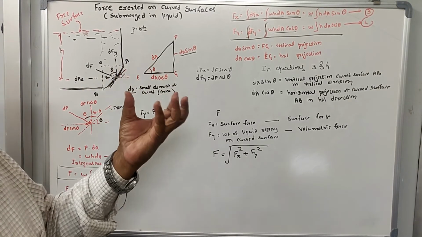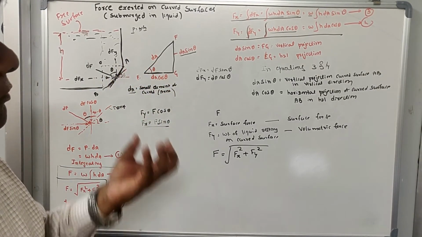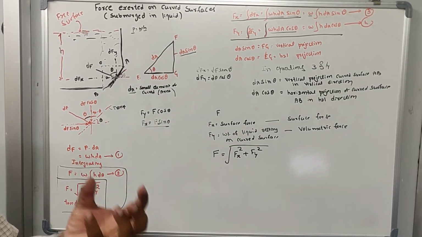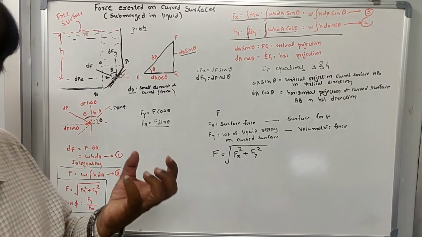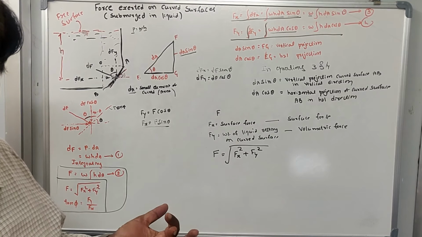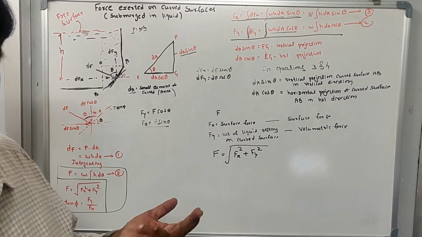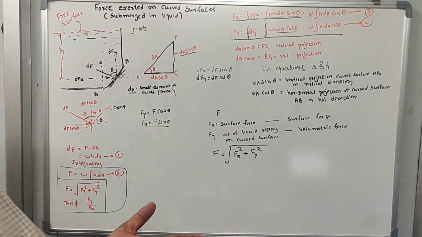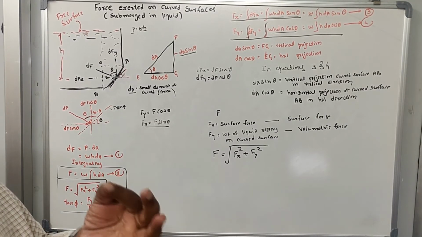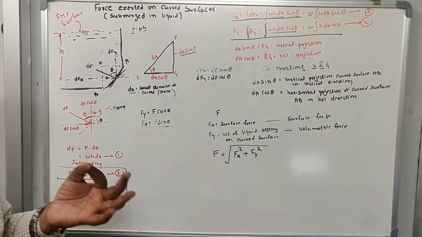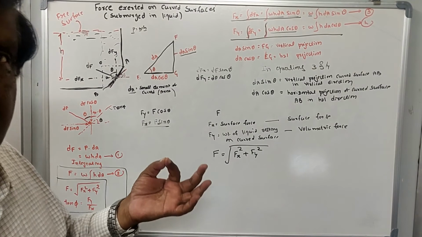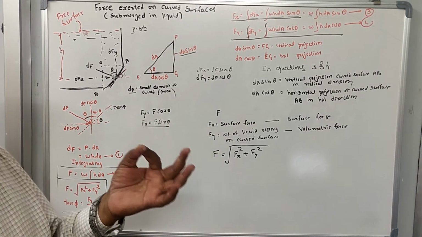So in all these four cases, we have discussed how to calculate the magnitude of the total force exerted by the static mass of fluid on the horizontal plane, the vertical plane, the inclined plane, and also on the curved plane, and the point of application, meaning at what point this maximum force is going to act, and also its direction.